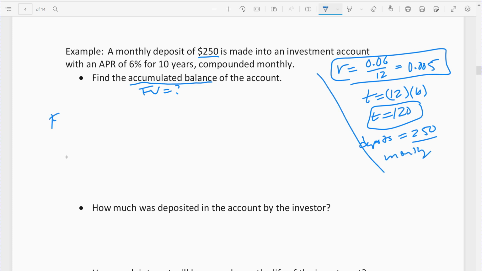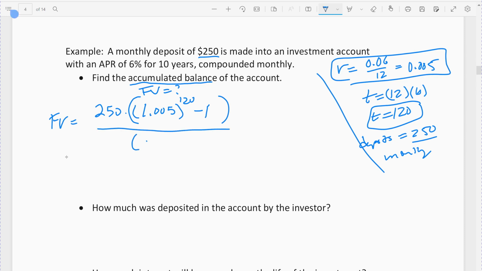So the formula: future value is my deposit, 250, times 1 plus R, which is 1.005, raised to the T, so raised to 120, minus 1. You need parentheses around that minus 1.